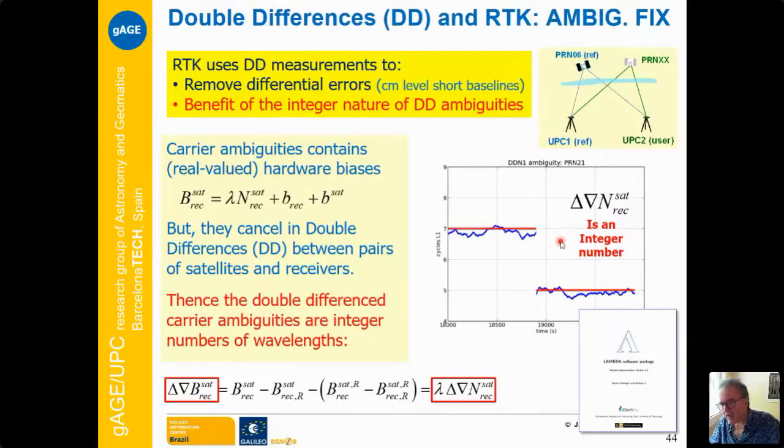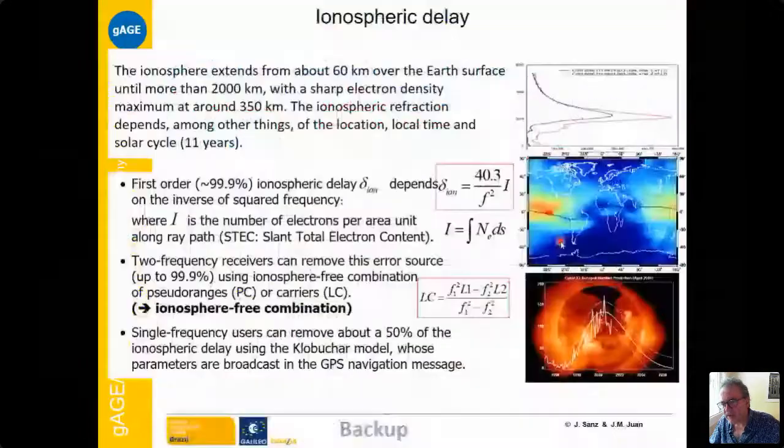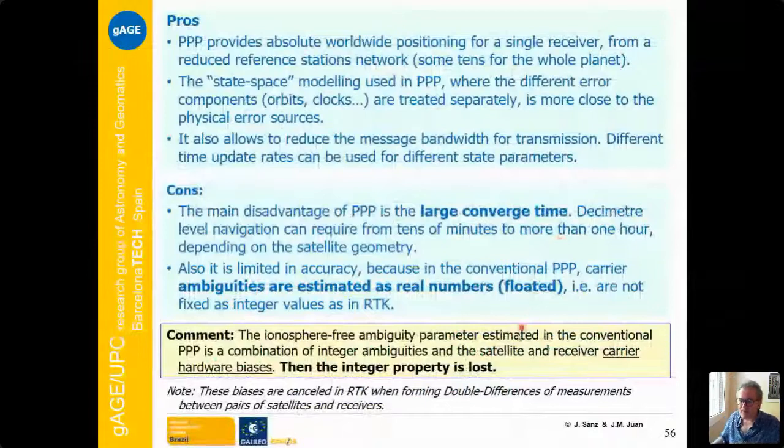fully fix the ambiguities. This is not the case in PPP because the ambiguity parameter that we estimate in PPP is a combination of the integer ambiguity plus the real valued satellite and receiver hardware bias. Then the parameter that we estimate in PPP is a real valued parameter, not an integer parameter.